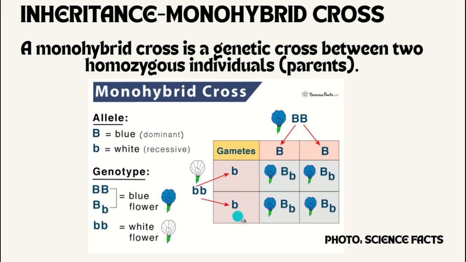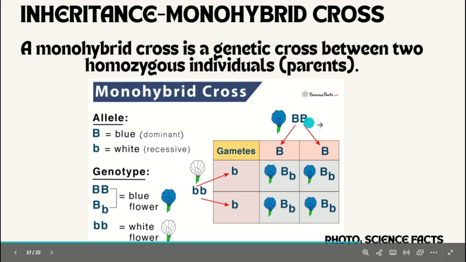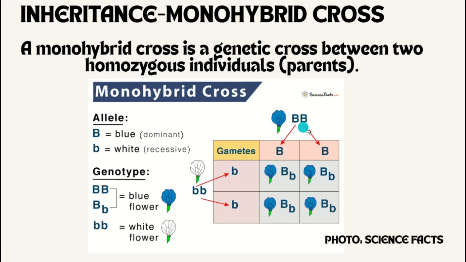So if you cross a homozygous dominant with a homozygous recessive, say one parent had black hair, BB, well, no, let's do a different example. Let's say we do flowers, my bad. So we're doing flowers in this example. Big B is blue, which is dominant, and little b is white, which is recessive.